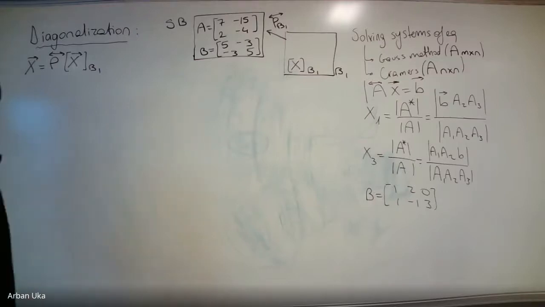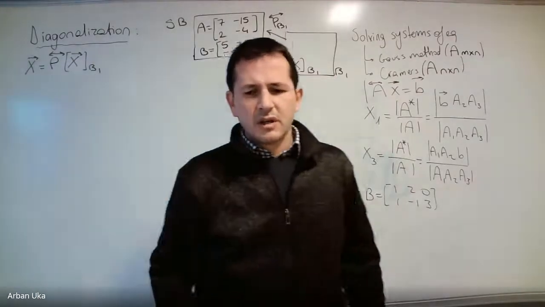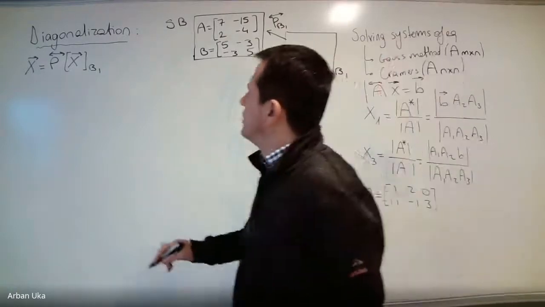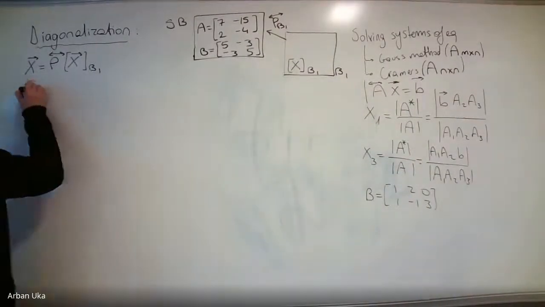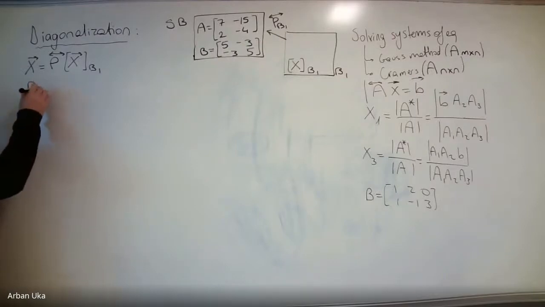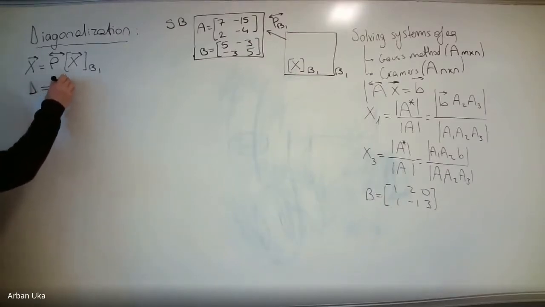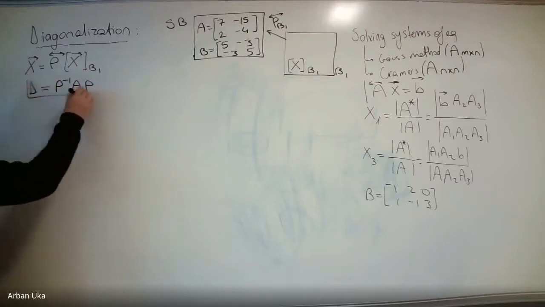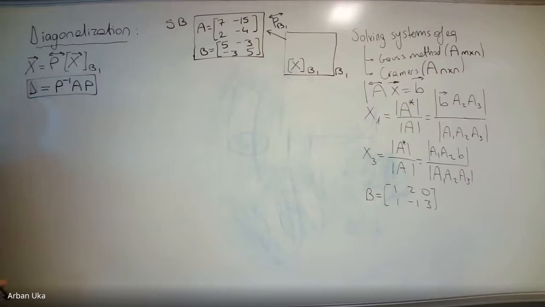If we are to look at how a linear transformation looks in different bases, then we need to represent a new matrix in the other basis, let me call this one D, and this will be equal to P inverse times A times P. So this is the way how we can transform a linear transformation.